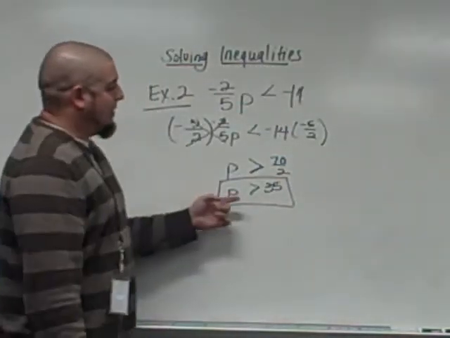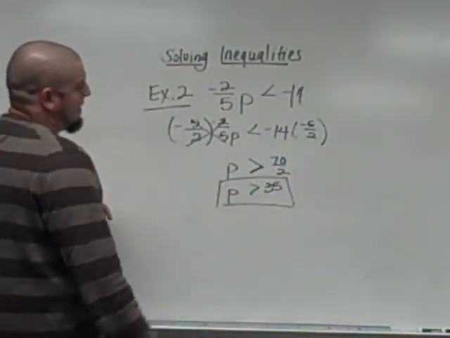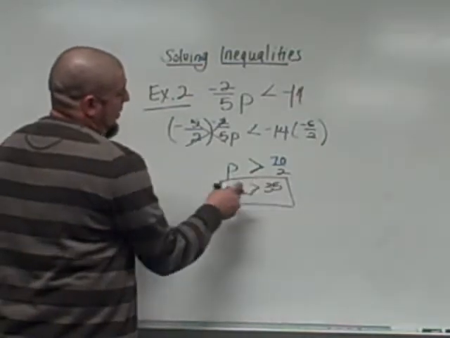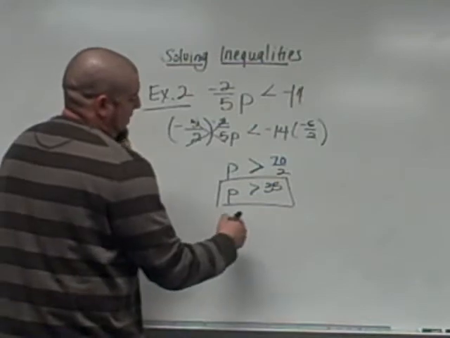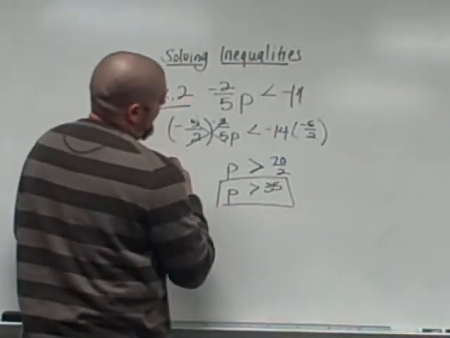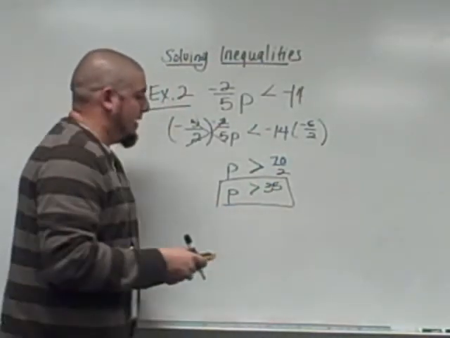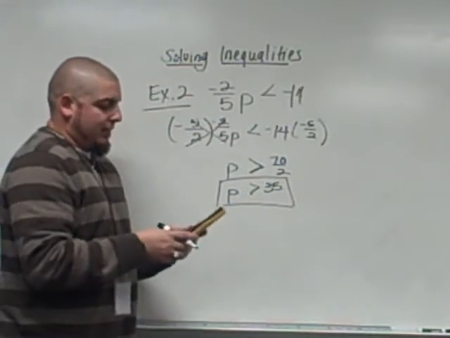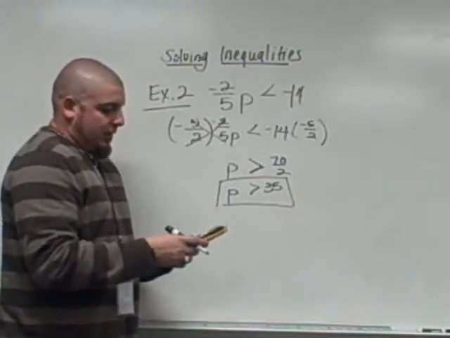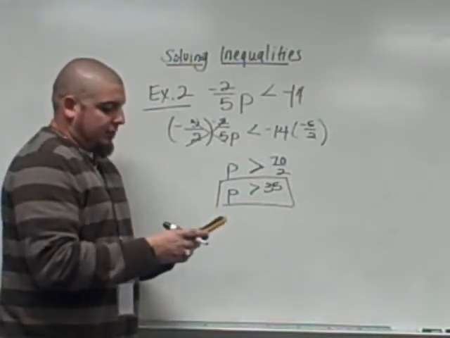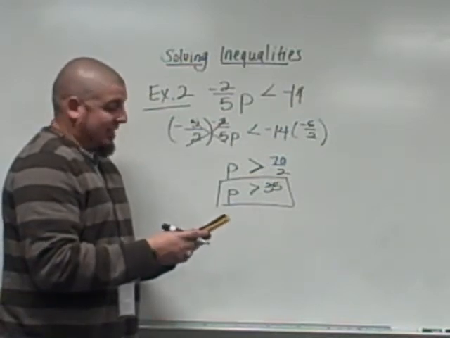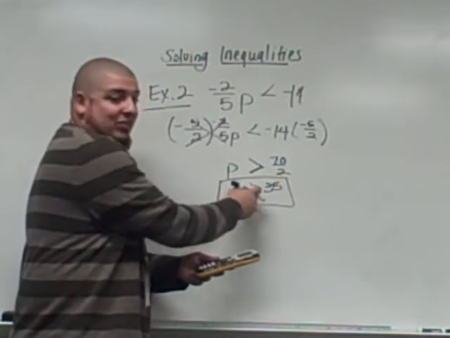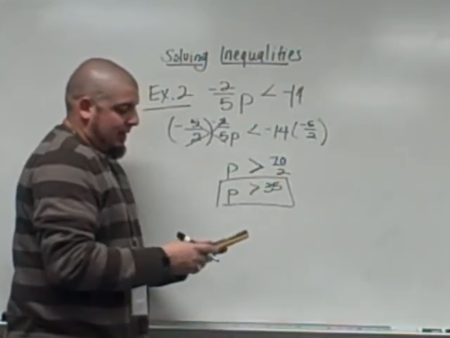And if I check my answer, let's say I put in a number that's greater than 35, like 36. If P is 36, which is greater than 35, I do it in my calculator: negative 2/5 times 36, because that's a number that does satisfy this.